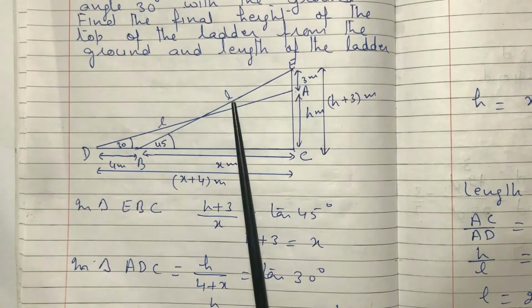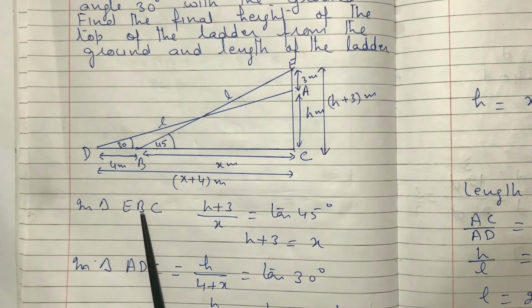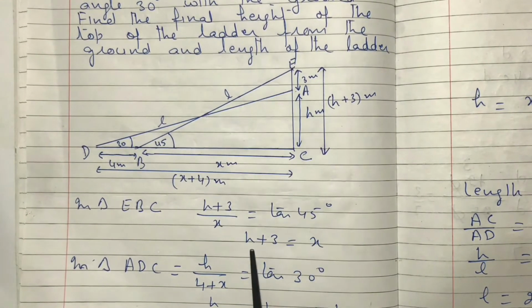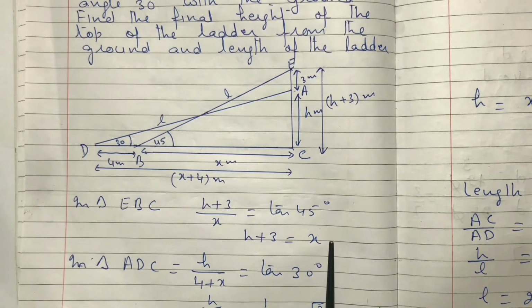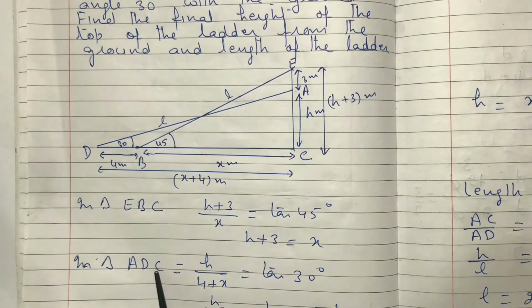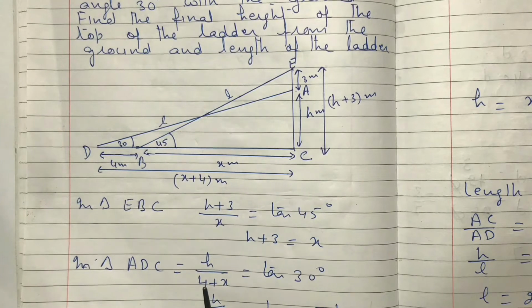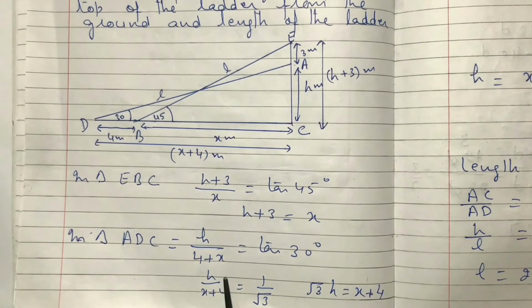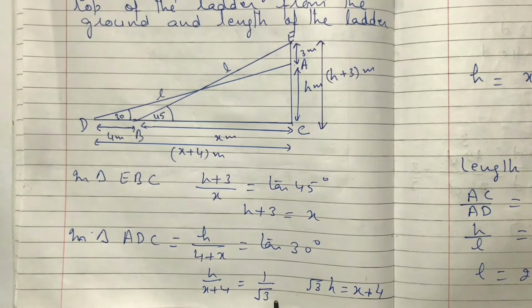Let the length of the ladder is L. Now in triangle EBC, h plus 3 upon x is equal to tan 45 degree. It means h plus 3 is equal to x. Now in triangle ADC, h upon x plus 4 is equal to tan 30. It means h upon x plus 4 is equal to 1 upon root 3.